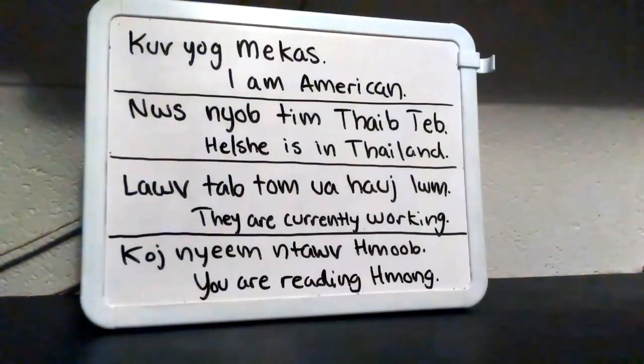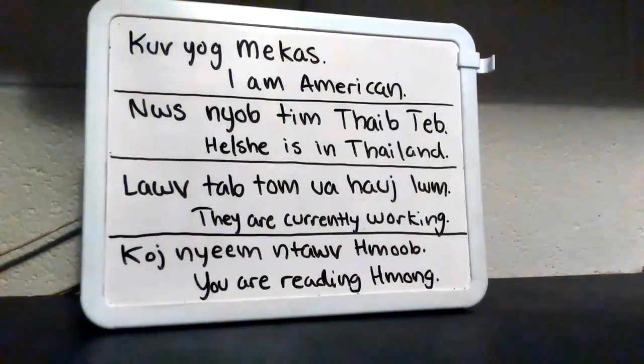Anyways, the next example that I have is Nu Nyoti Taite, which means he or she is in Thailand. And so you see that nu is the subject, the noun or the pronoun. Nyo is the verb. The taite is the rest of the sentence, the predicate. So he or she is in Thailand.